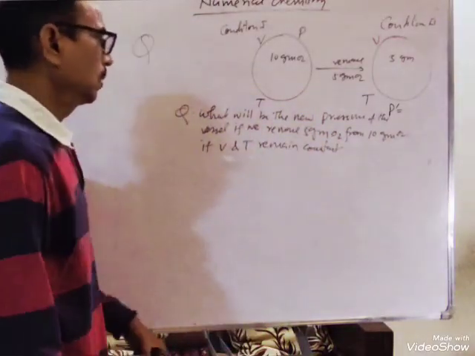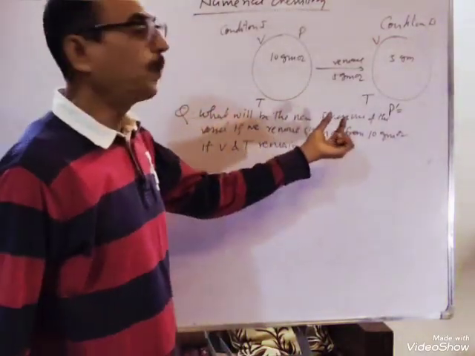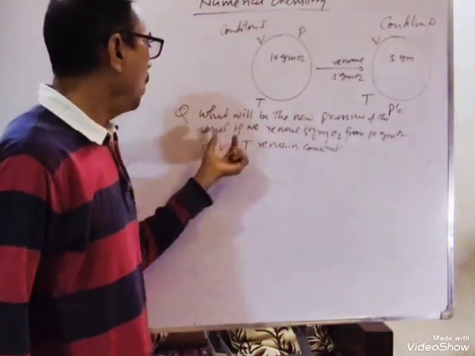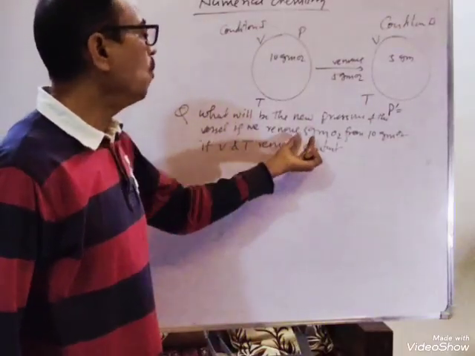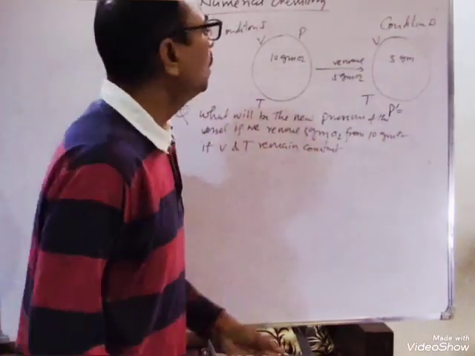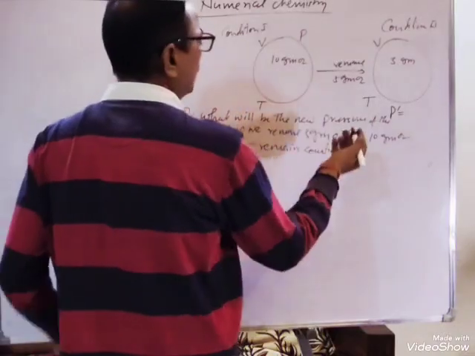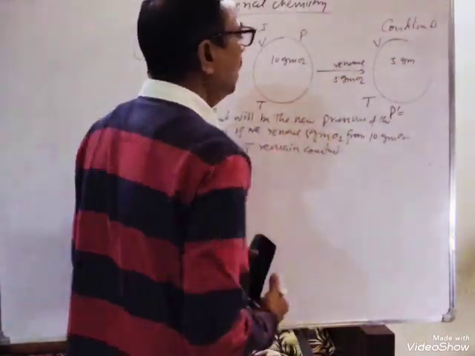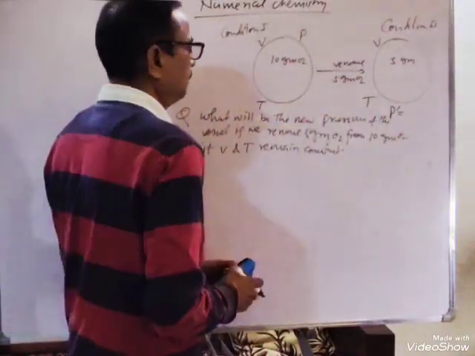This is the question. What will be the new pressure of the vessel if we remove 5 gram of oxygen?